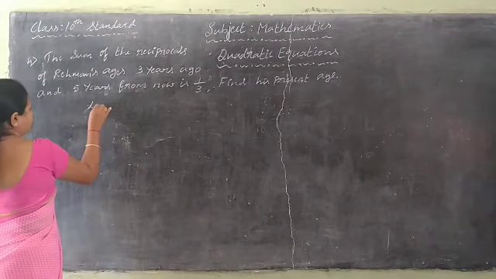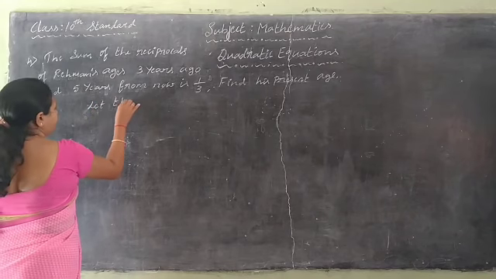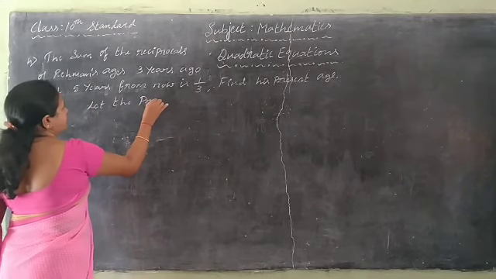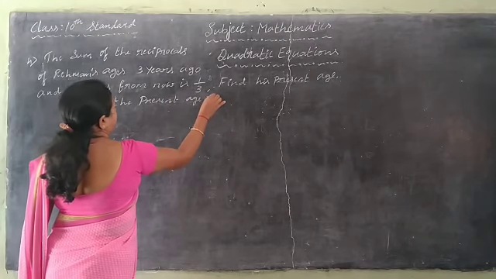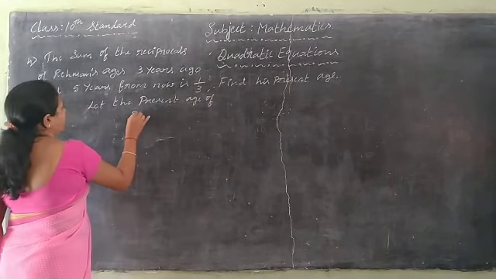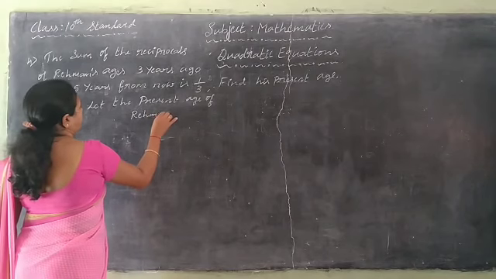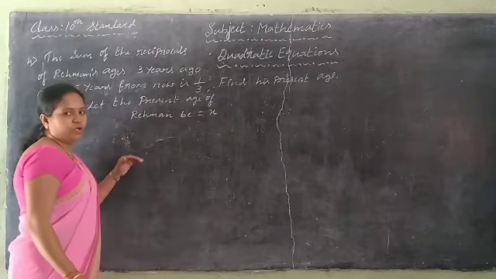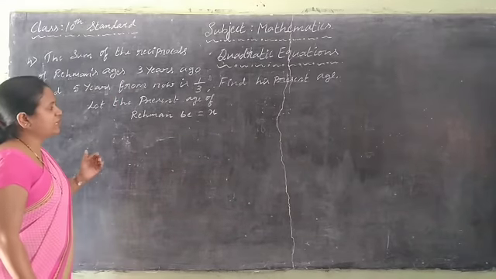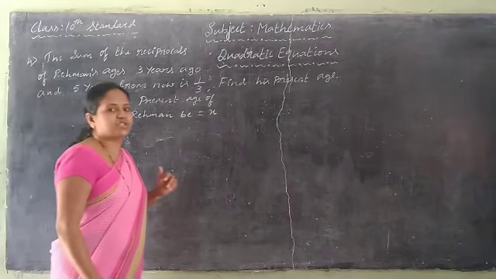Let the present age of Rahman be x. We don't know the present age, that is why we will consider his age to be x, children.